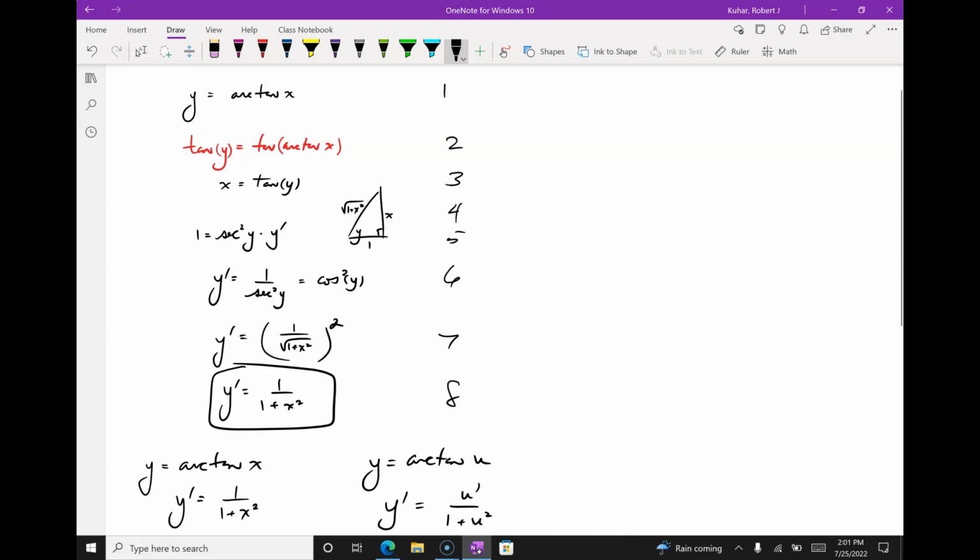So on this particular one, there's something special about derivatives and inverse functions. Since I already knew how to take a derivative of tangent, all I had to do was turn my function into tangent, right?